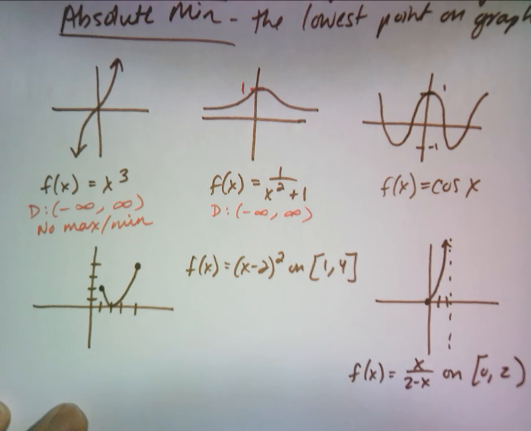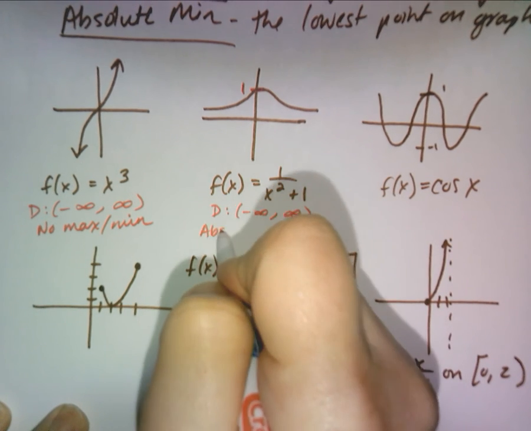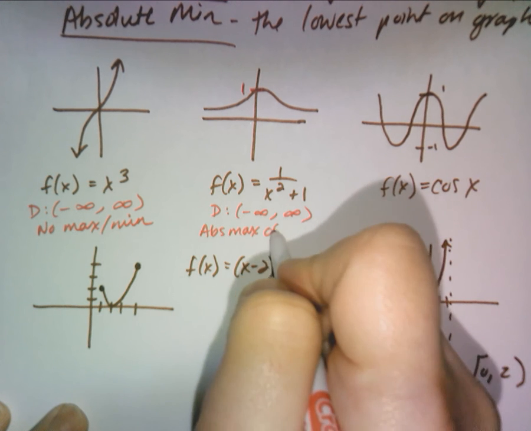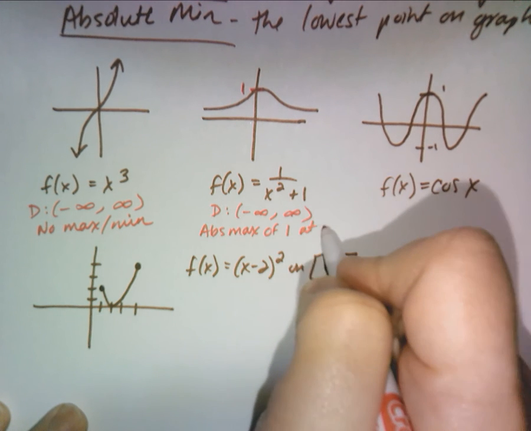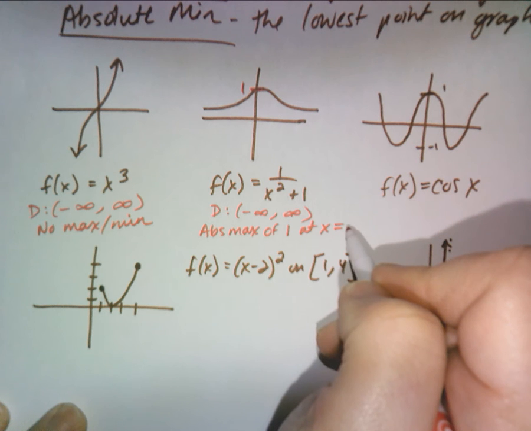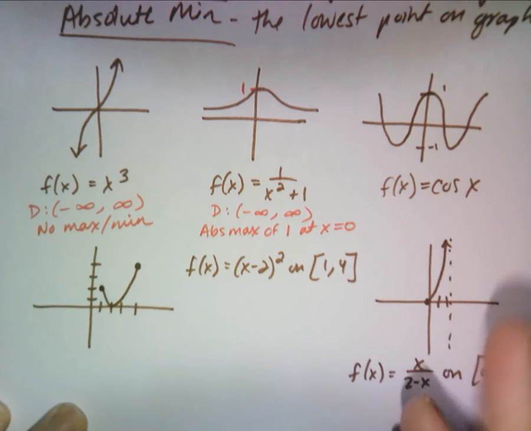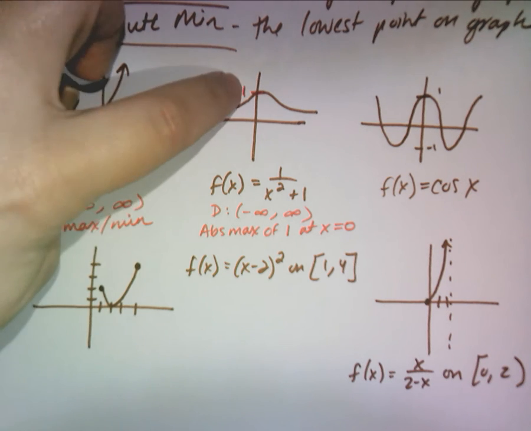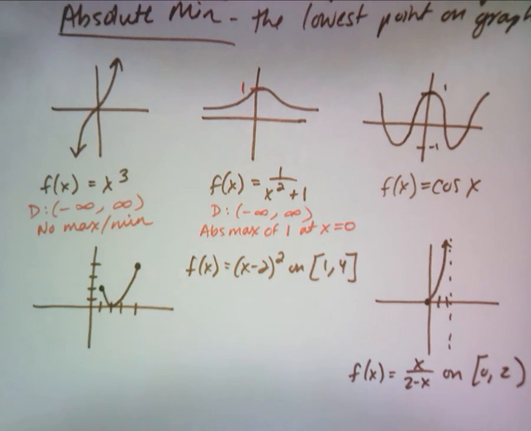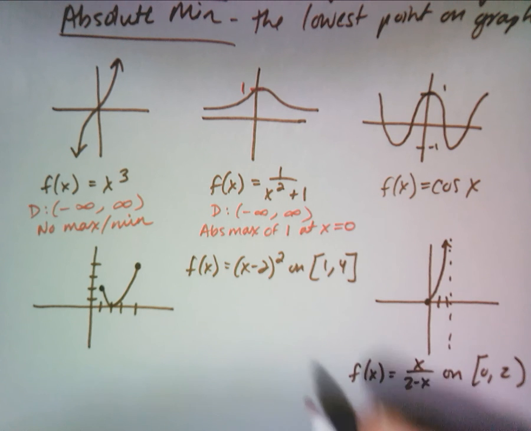So there is an absolute max of 1 at x equal to what? 0. It's very important that you understand what I just wrote. The max is 1 when x is 0. That's going to come into play again for things we do. Please just make sure you know that. Is there a min in this graph? No, there's no min.